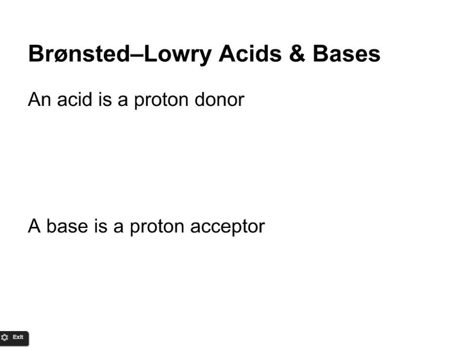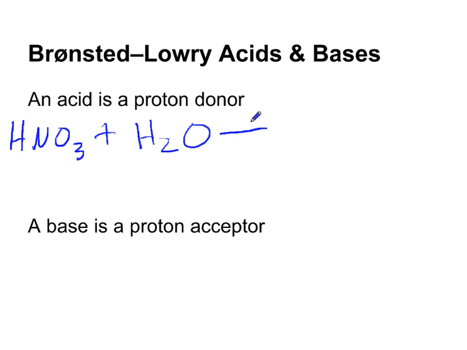The next definition we're going to talk about is the Bronsted-Lowry definition of acids and bases. A Bronsted-Lowry acid is a proton donor. So, for example, nitric acid, HNO3, when we dissolve it in water, we're going to produce H3O+, that's called the hydronium ion, we'll talk about it more in a minute, and the nitrate ion.